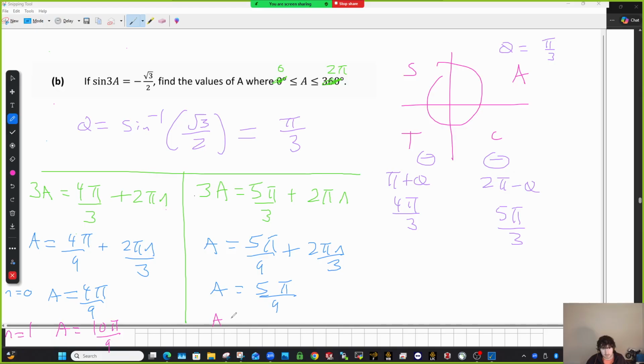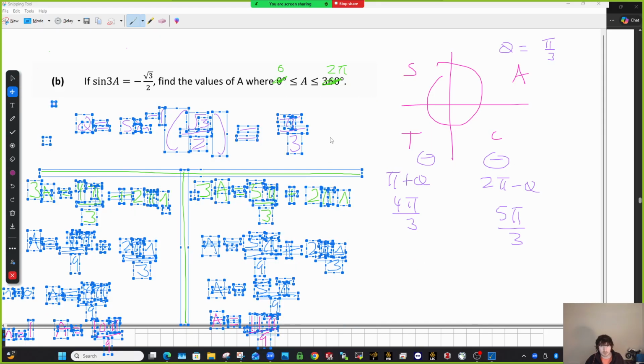And then over here when n is 1, it'll be 5 pi over 9 plus 2 pi n over 3, so that's working out as 11 pi over 9. Now I ran out of space here, but if I had space underneath here, I would do n equals 2. Let's see if there's any way I can make a bit of space happen here.